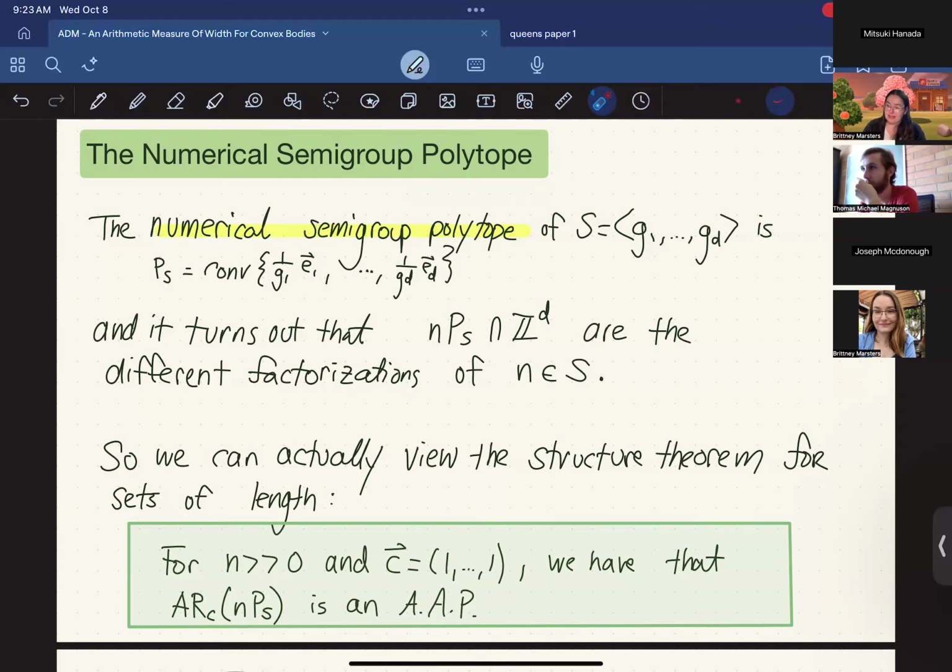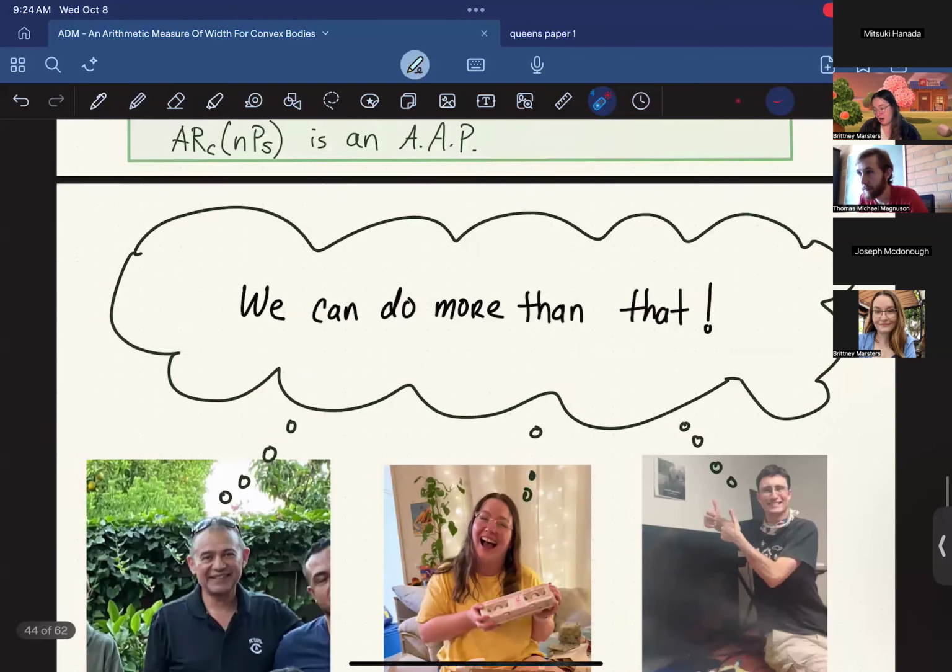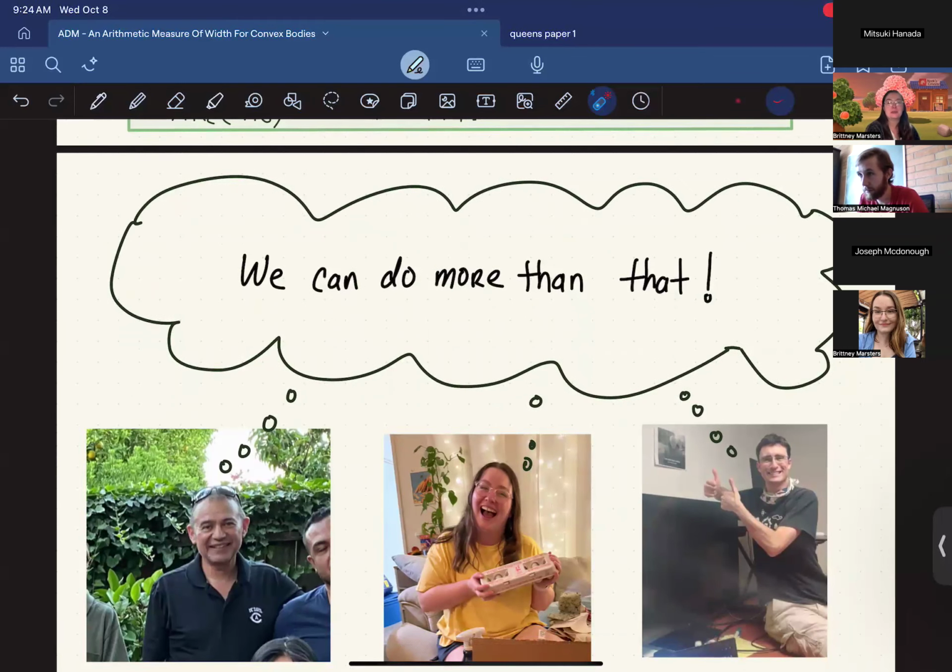And that's a little bit suspicious, right? Why would it only hold in this setting? And so our first response was, okay, we could probably do better than that. From the perspective of the semigroup people, they only care about that polytope, right? They're not going to care about others. But from the perspective of our discrete optimization people, we're going to care about other convex sets. And so we asked ourselves, okay, how far does this structure go?